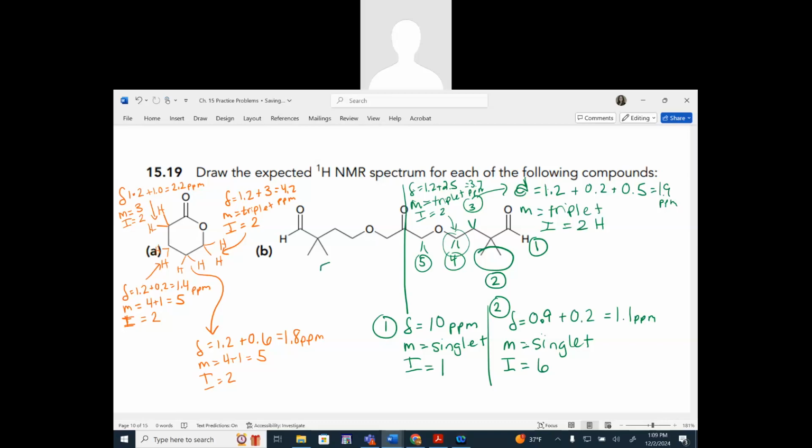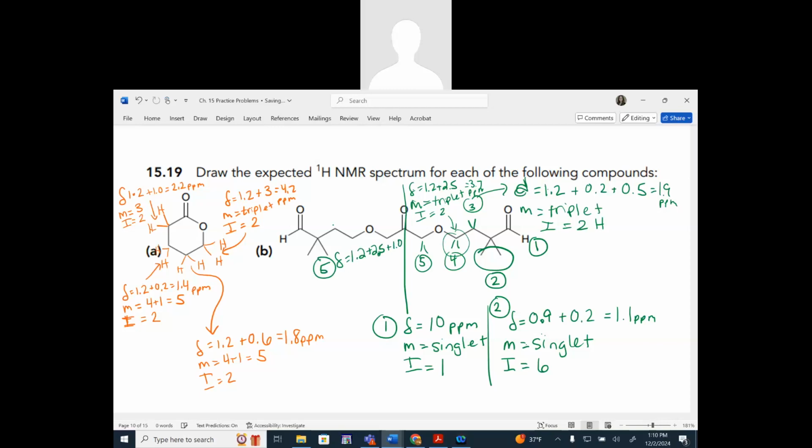Now 5 I'll do over here. So we are again going to do the delta first. So we start with 1.2. We are alpha to that oxygen, so we add 2.5. And we are also beta to that carbonyl, or rather, we're alpha to that carbonyl, so we're going to add 1.0.